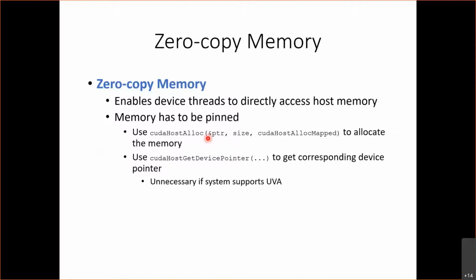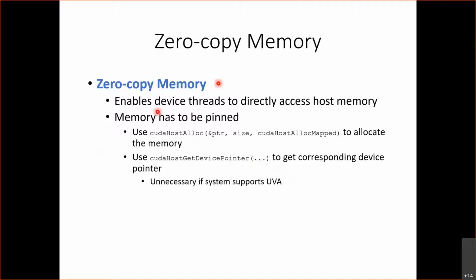However, if I did not support unified virtual addressing, then the GPU would not be able to know from the value of the pointer whether this points to CPU memory or GPU memory. This is why we would need to use something like CUDA host get device pointer to translate the pointer that points to CPU memory into a pointer that's usable on the GPU, that the GPU can use to figure out that it has to go to the CPU to get that memory. Okay. Is this clear?